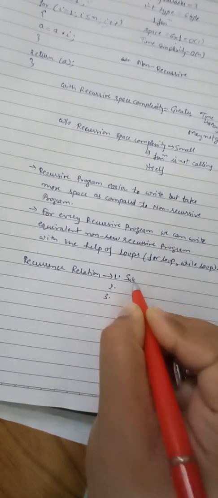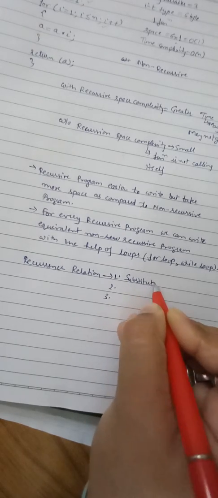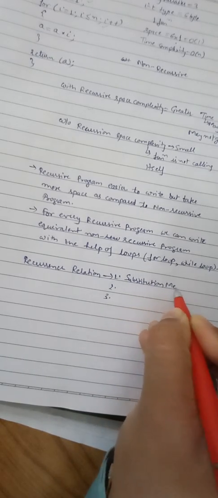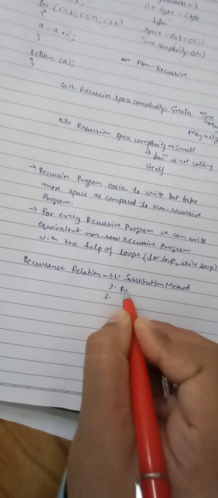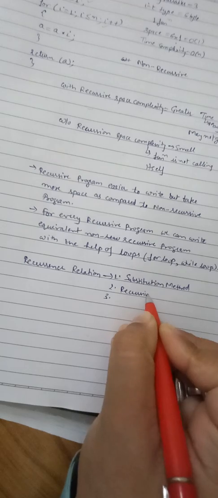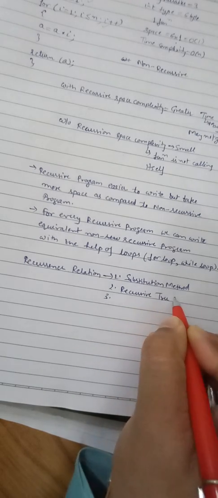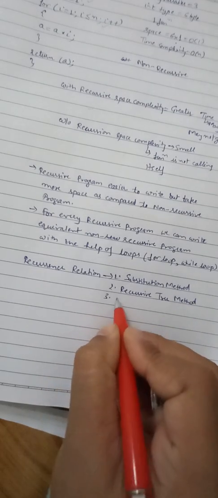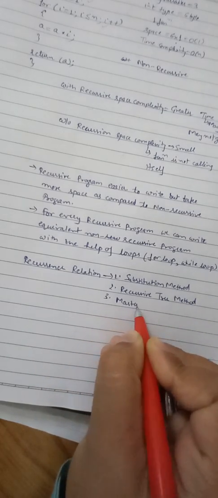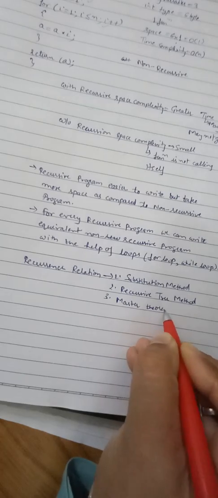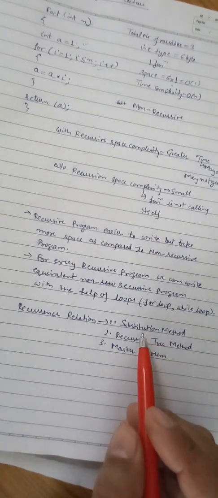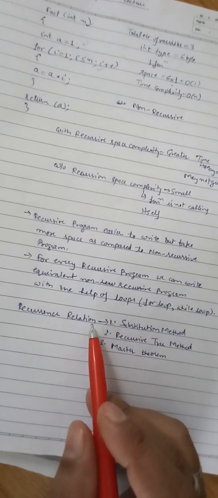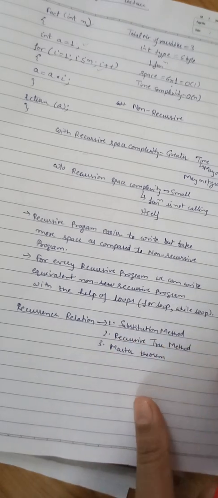First is the substitution method, second is the recursive tree method, and the third is the master theorem. In our next lecture, we will learn how we can write a recurrence relation with the help of the substitution method.